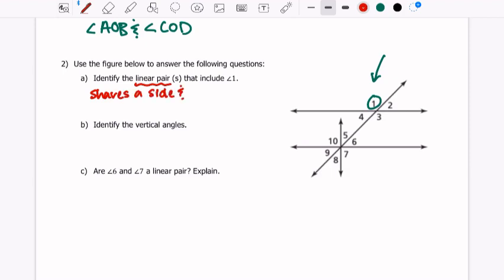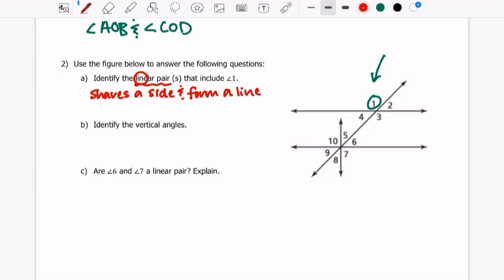And I know that they're going to add to 180 degrees, but here, when we're looking at this 1, 2, 3, 4, that's not talking about the measure. That's actually another way that we can name angles and kind of tell them apart from one another. So we don't know their measure, but remember, linear pairs, what's kind of the base word of that? Line. We're looking for two angles that share a side and form a line.